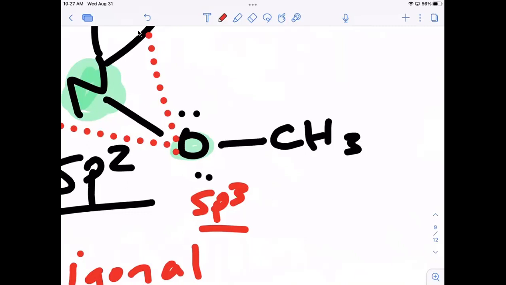Good. That's exactly right. You said a really key term, electron regions. When we say groups, that's what I mean by that. Those are the places where electrons are present either as lone pairs or overlapping with other atoms to make bonds. All right, good.